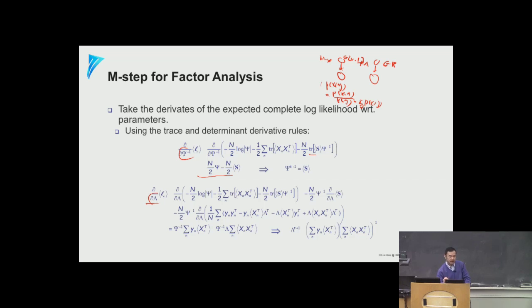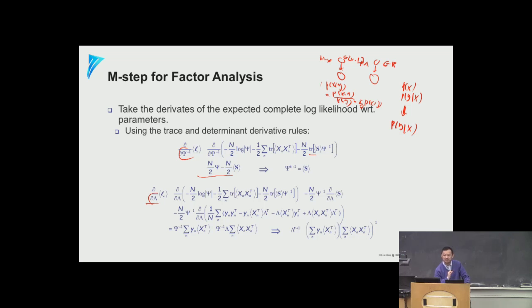And in our FA case, what did we do? We have P of X, and we have P of Y given X as generative models. And then the way to get to X given Y is what?